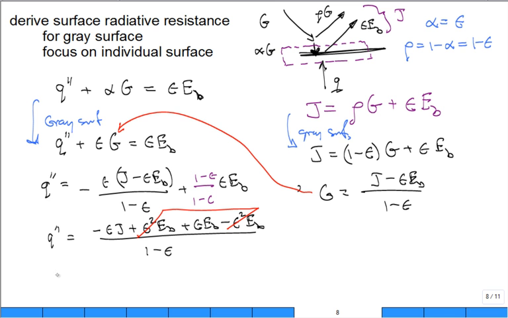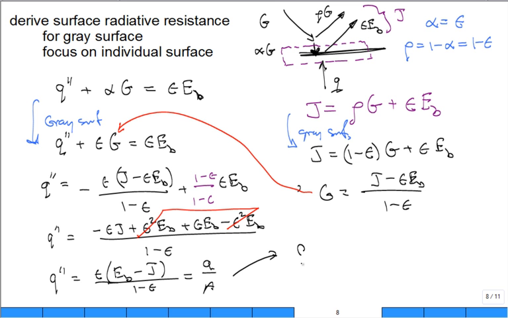And so you have Q double prime equal to EB minus J times epsilon over 1 minus epsilon. And Q double prime was Q divided by area.